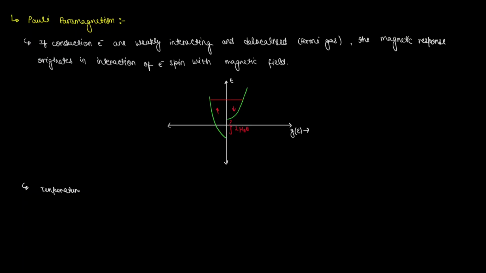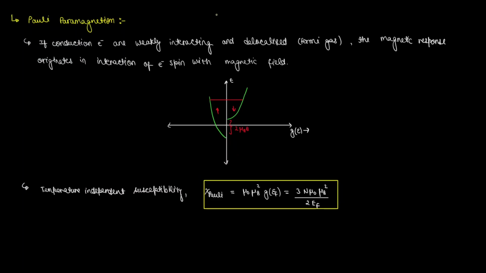And we have seen that the temperature independent susceptibility in this case is given by mu naught mu B square times density of states at Fermi level. So therefore we know that Pauli paramagnetism is an effect associated with the spin of electron.